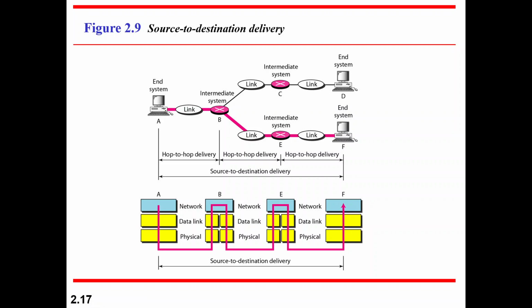As we will see in upcoming lessons, router B uses its routing table to find that the next hop is router E. The network layer at B therefore sends the packet to the network layer at E. The network layer at E in turn sends the packet to the network layer at F.